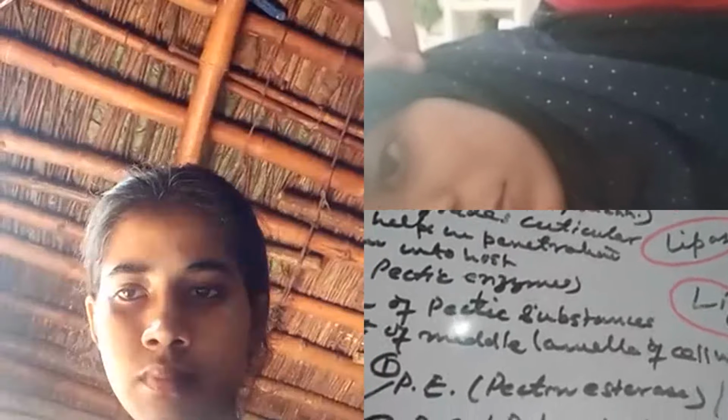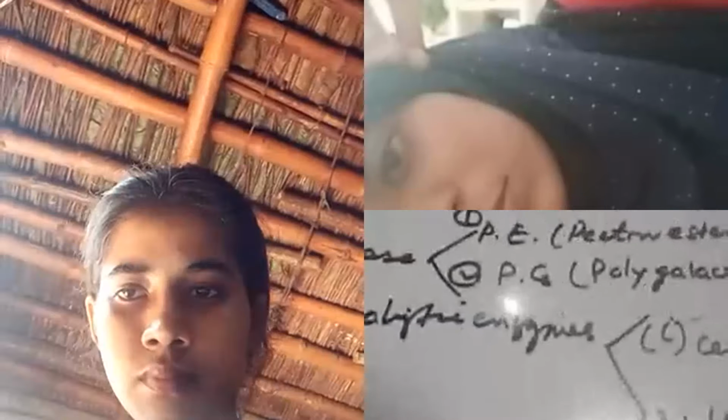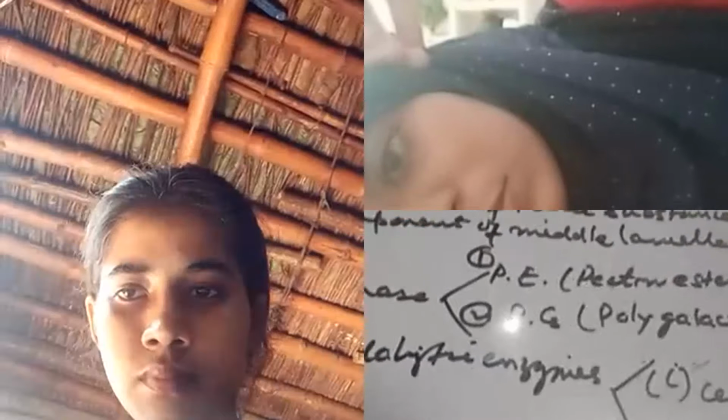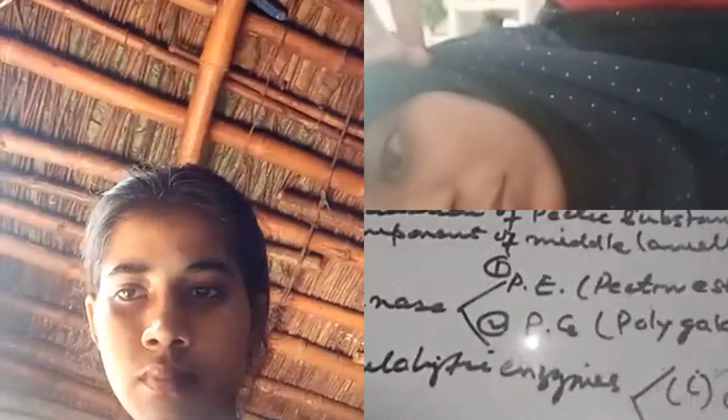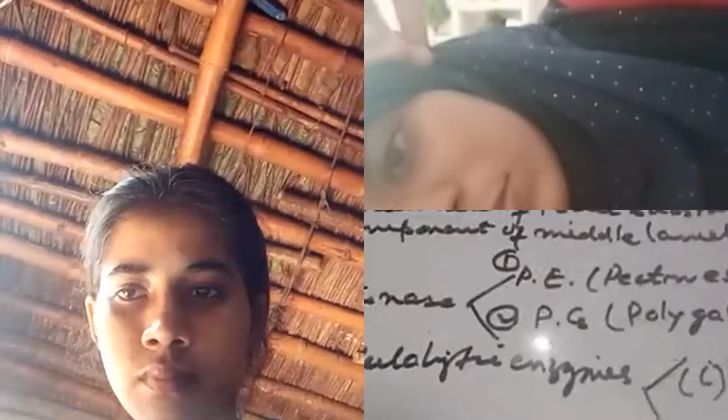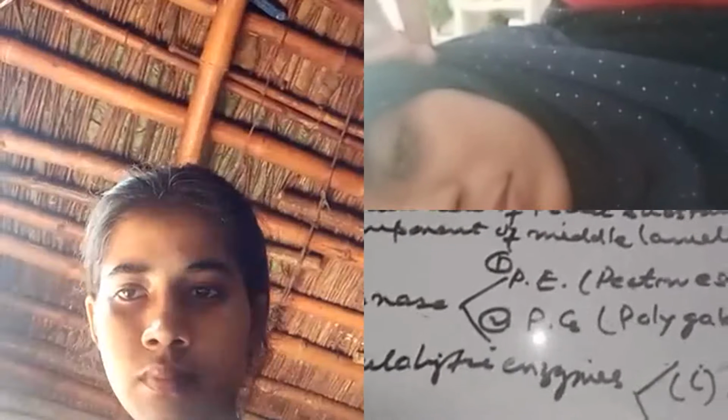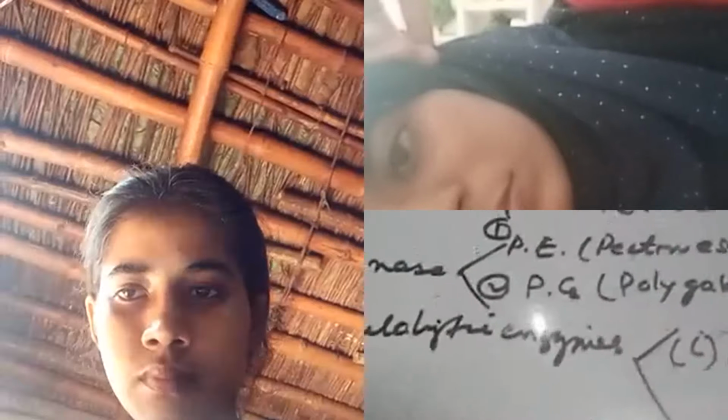These are the names of the enzymes which act on the cell wall. Now let us know something about the proteolytic enzymes, known as proteinases, and the lipolytic enzymes, which work on the cell membrane of the host cell.